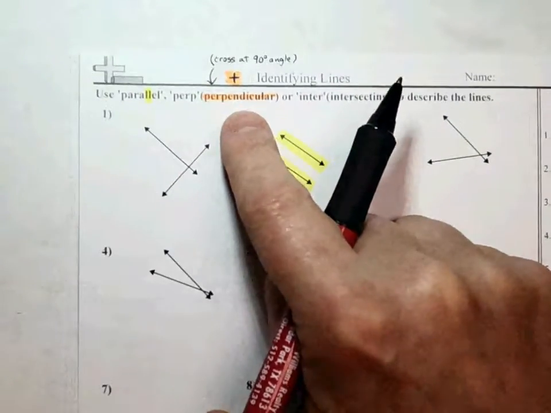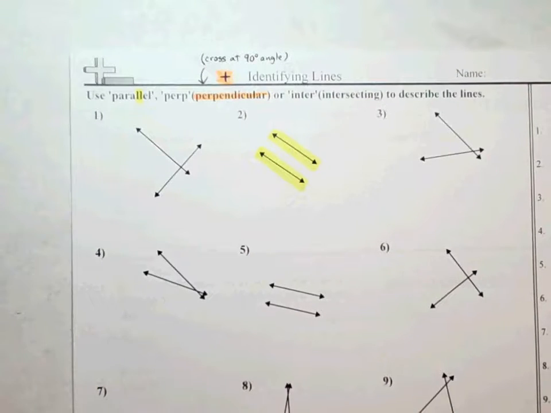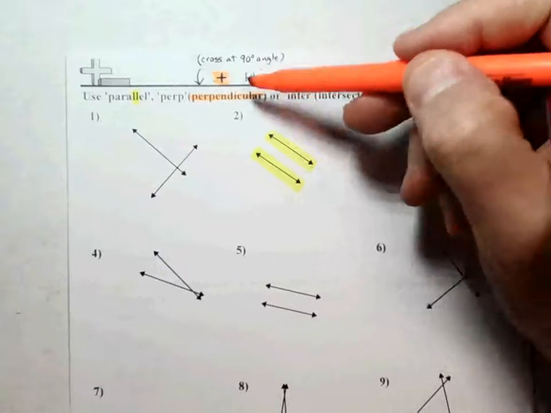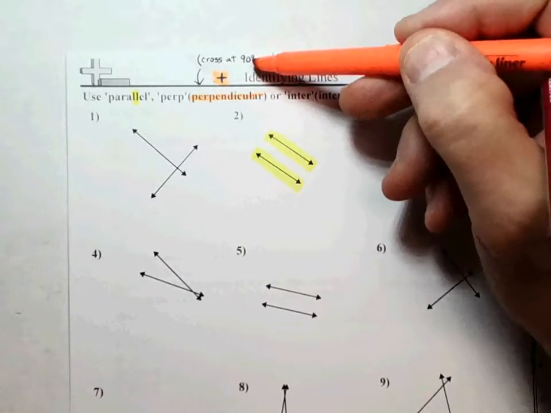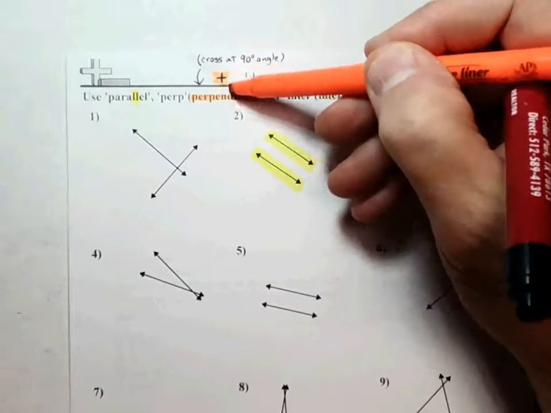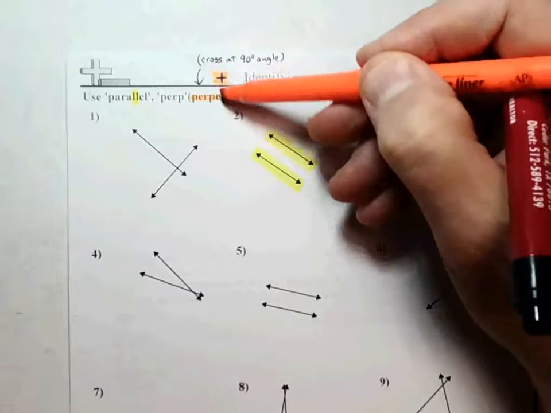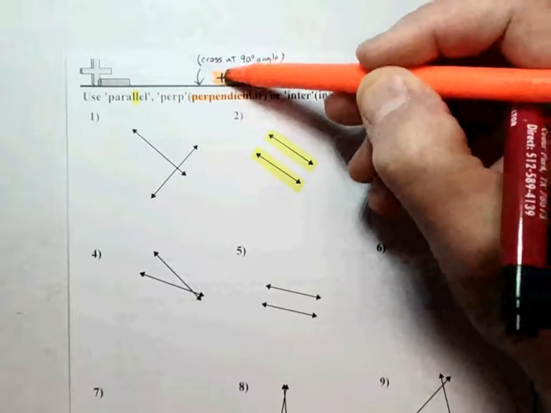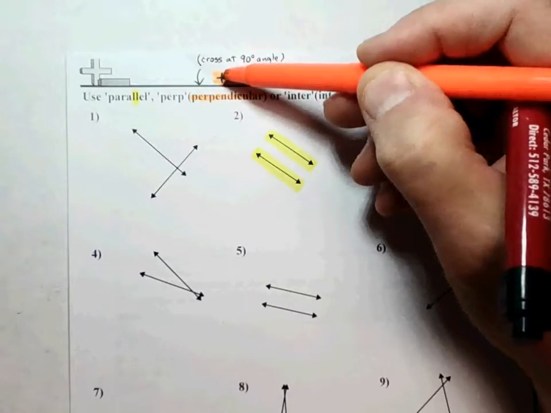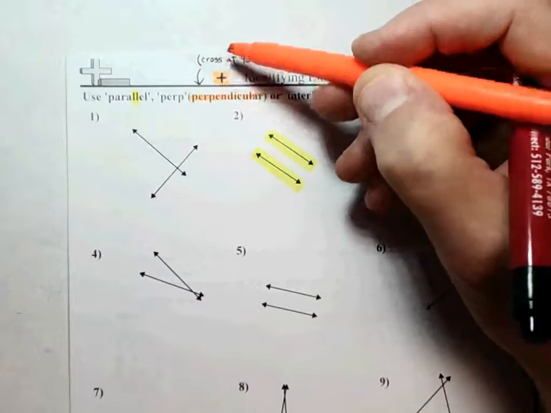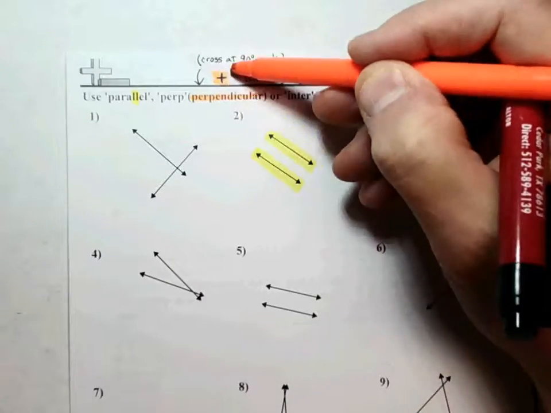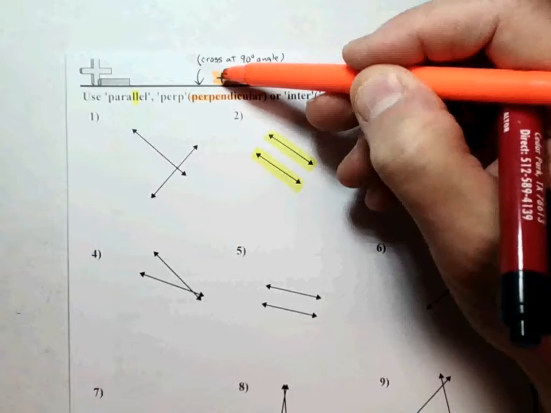Perpendicular may be a new word to you. Perpendicular, you can use that a lot in geometry. Perpendicular lines cross. So you notice I kind of put a little plus sign. They cross and they look like a plus sign. They have a 90-degree angle in between them. It looks like a true north, south, east, west compass.